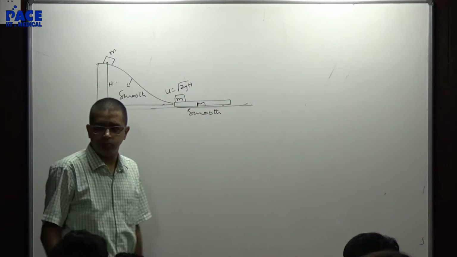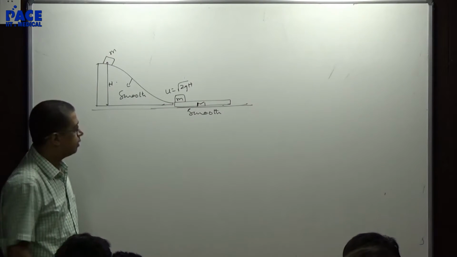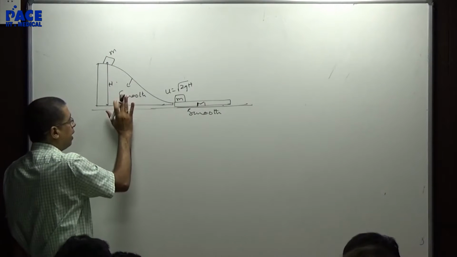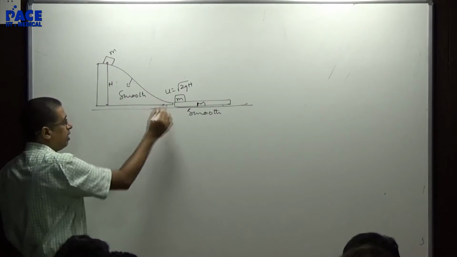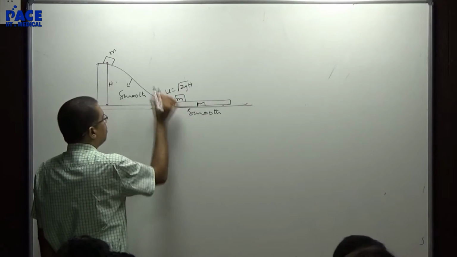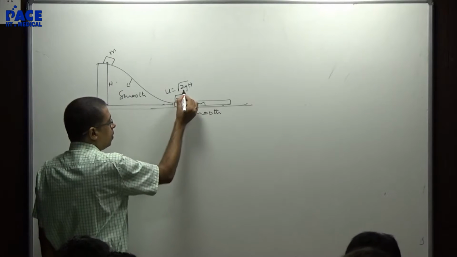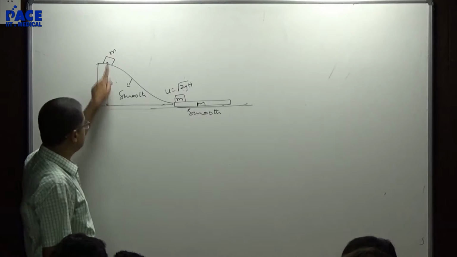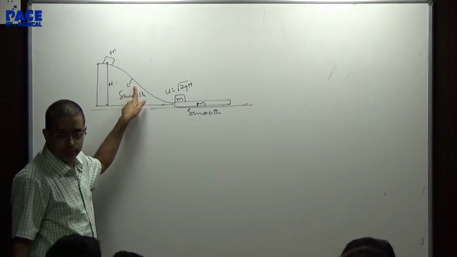The lower surface is smooth. Right? He says all this hill is only a crazy adjustment here. It is the whole of the problem starts from here. Small m reaches the top of this plank with a velocity of under root 2gh because this is of height h and this is smooth.